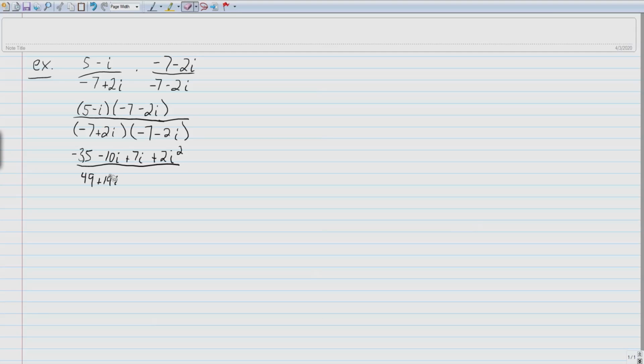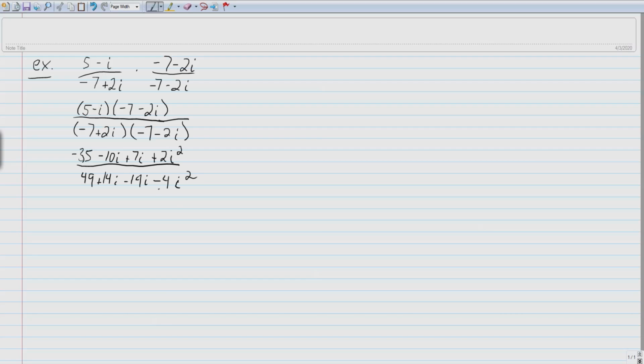And then the inner, 2i times negative 7, minus 14i. And then the last two terms, you multiply 2i times the negative 2i, so minus 4i squared. So I did both of those just using FOIL in the numerator and denominator.